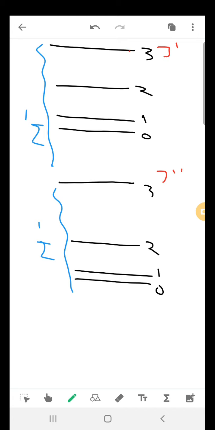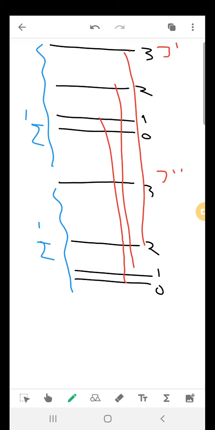So from 3 it will go to 2, from 2 it will go to 1, and from 1 it will go to 0. So this corresponds to ΔJ = −1.